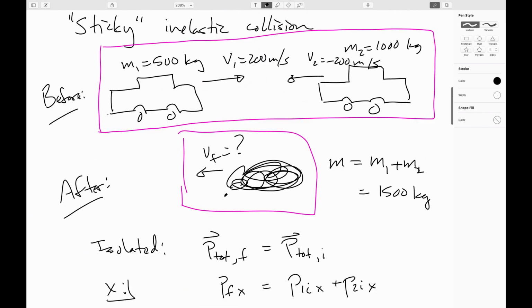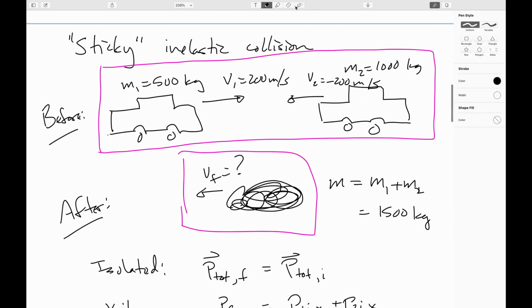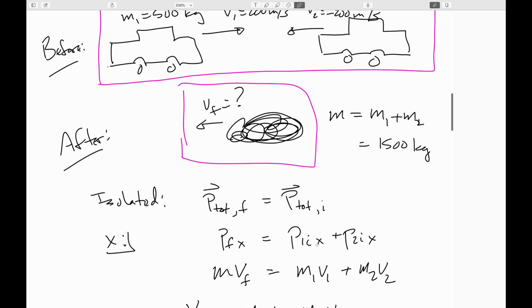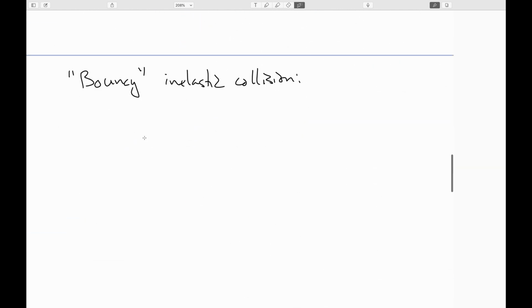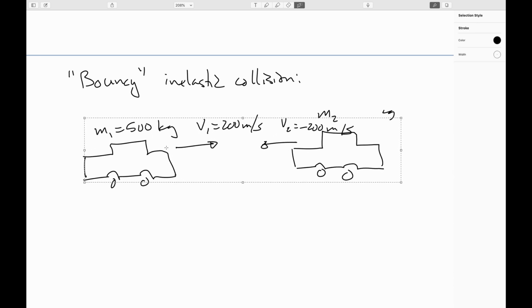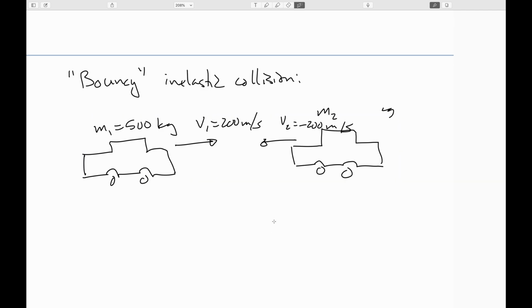So let me just go ahead and steal some cars here real quick. There, it'll save me at least a little bit of drawing.